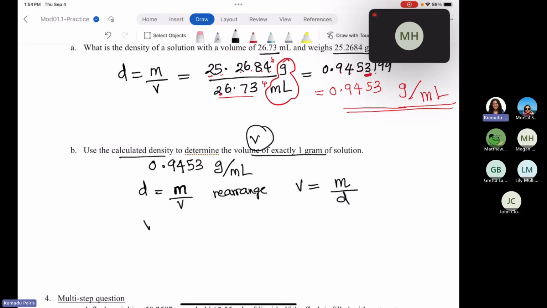Right. Now I plug in the values for the mass and the density. What is the mass? Mass is 1 gram.